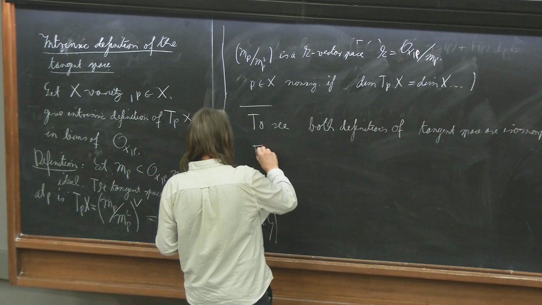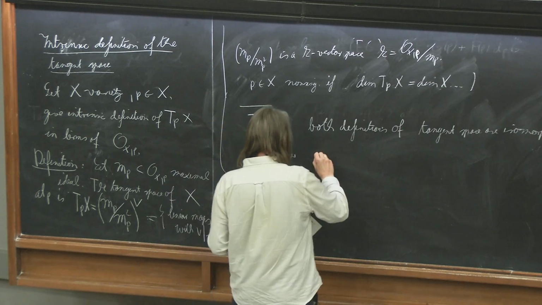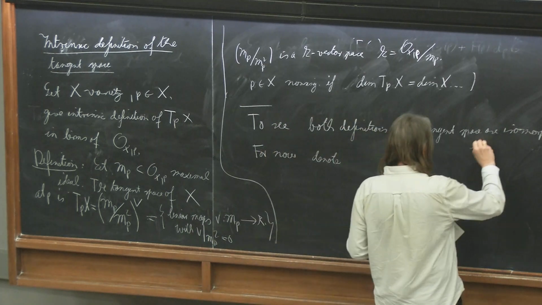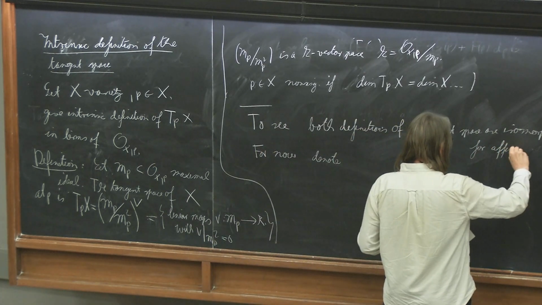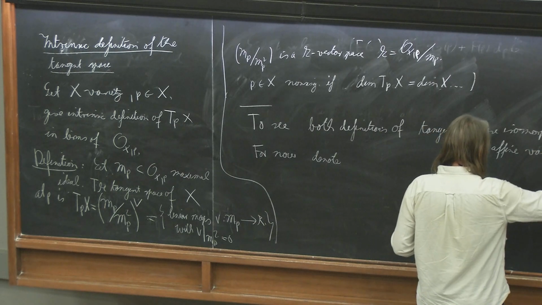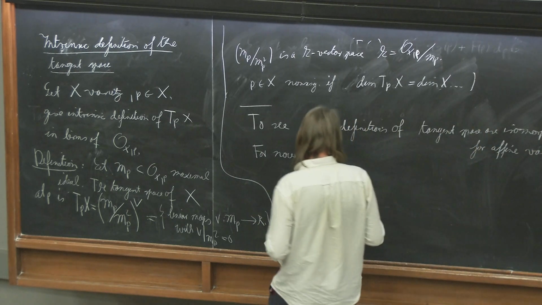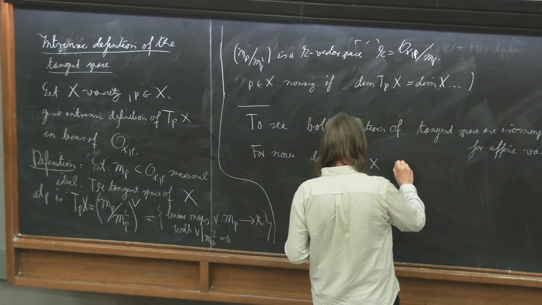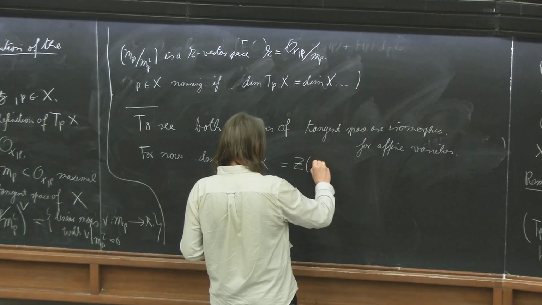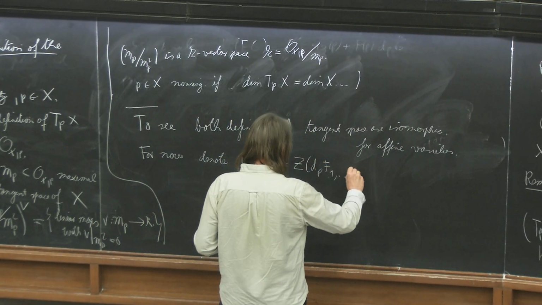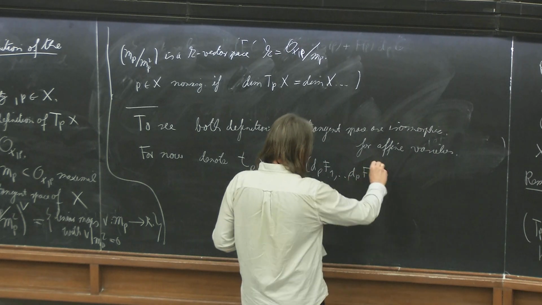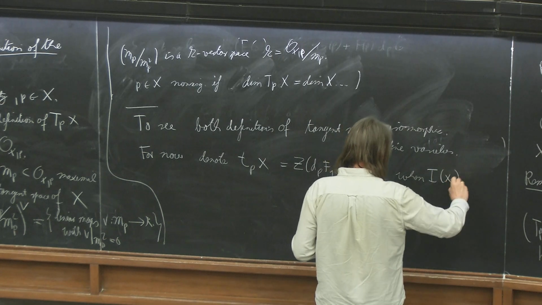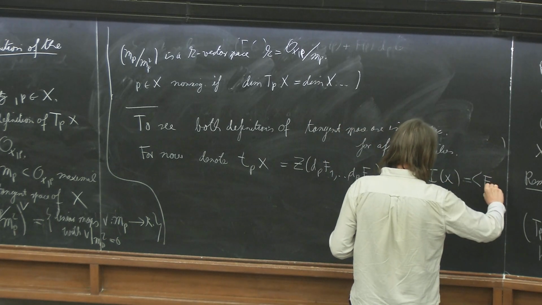So for the proof, when are they isomorphic? For affine varieties, which is when both are defined. For now, denote by small t_P X the old definition, equal to the zero set of the T_P f_1, ..., f_r, where I(X) is equal to (f_1, ..., f_r).